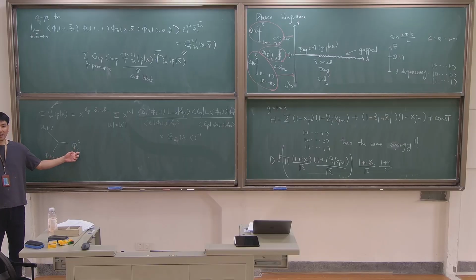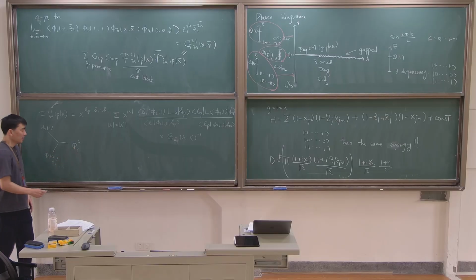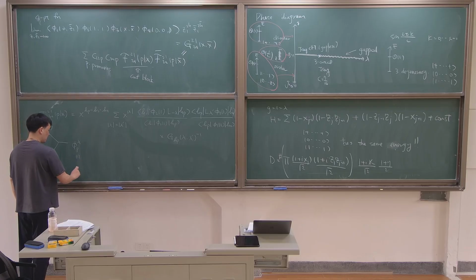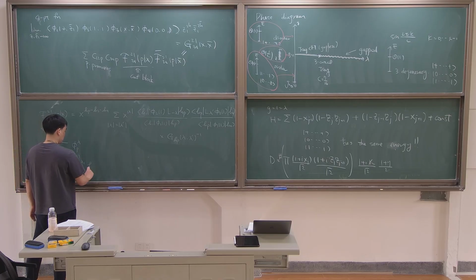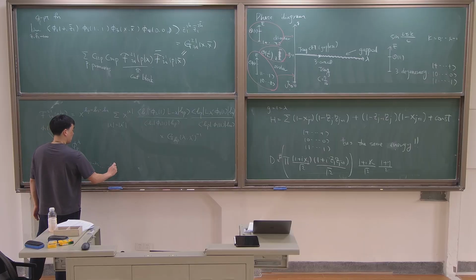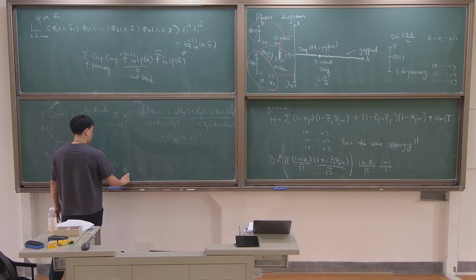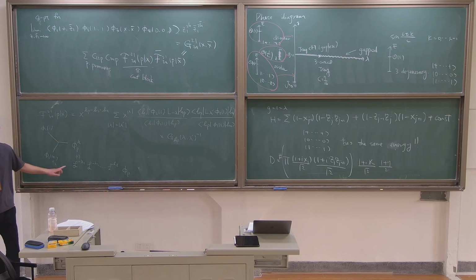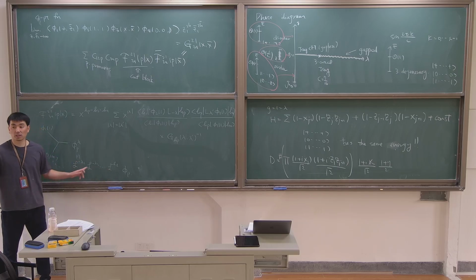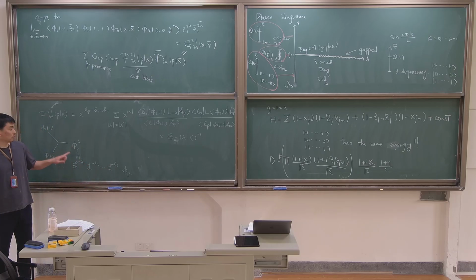Phi p is defined as L minus lambda 1, dot dot dot, minus lambda 2, dot dot dot, L minus lambda L acting on phi p. Phi p is a primary field and L acts on it, so this is a descendant.